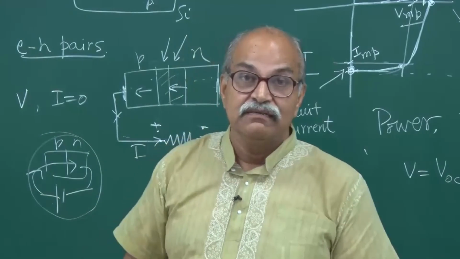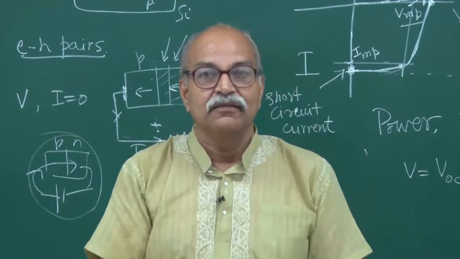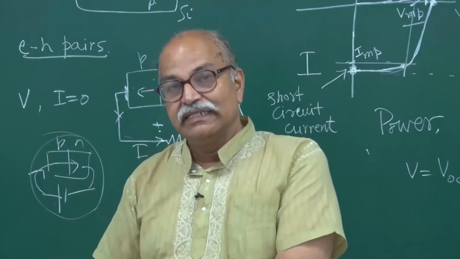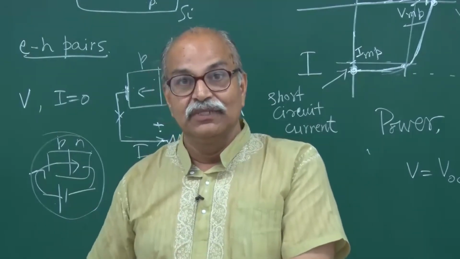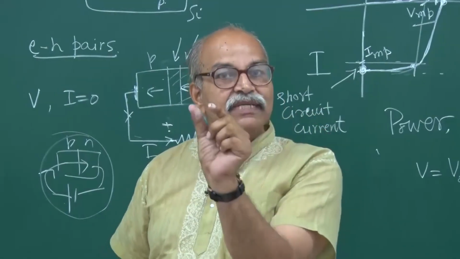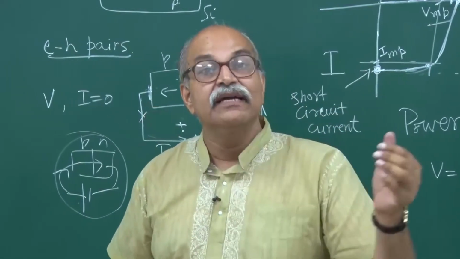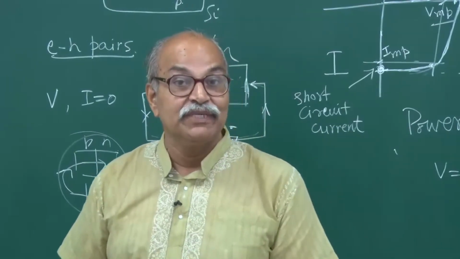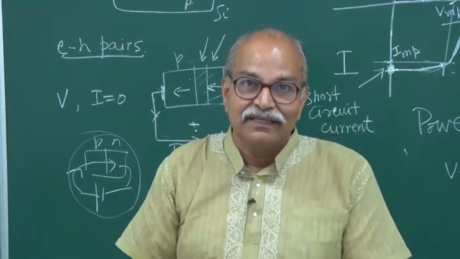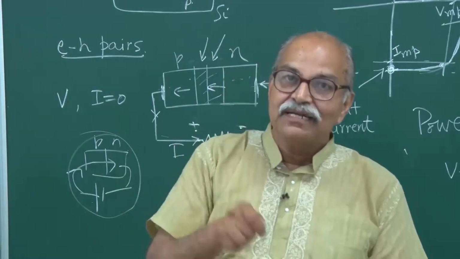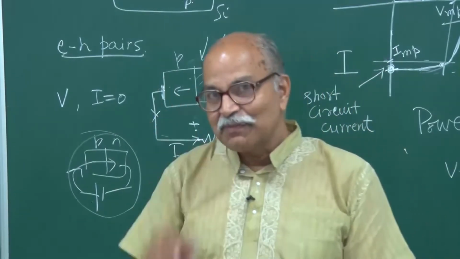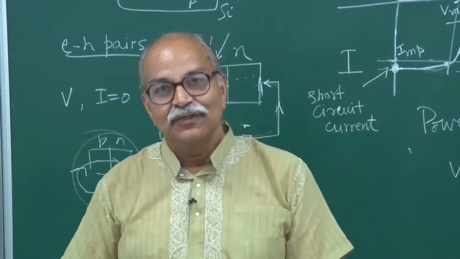We may need a solar system for 12 volt DC or 6 volt DC or so. So, if you have 0.5 volt on one, you can put them in series to increase the voltage, and then the current capacity also has to be increased. So, such lines can be connected in parallel, and then your current capacity can increase because of that. So, that is what you typically see in a solar panel.